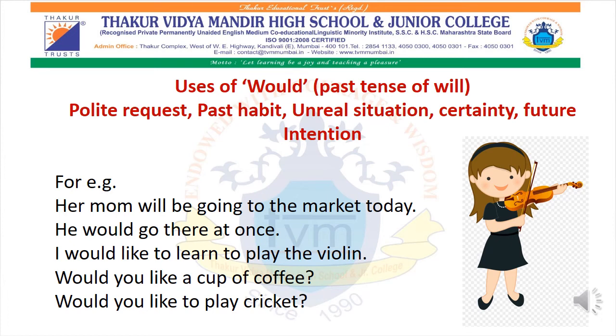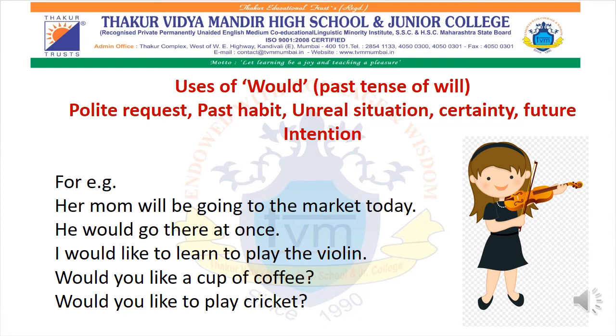So over here we see examples. Her mom will be going to the market today. So in this particular sentence, we see that there is some kind of certainty, not sure. Her mom will be going. Okay.